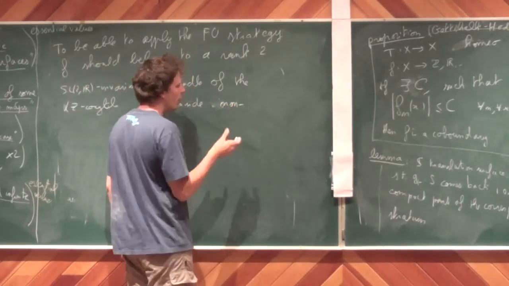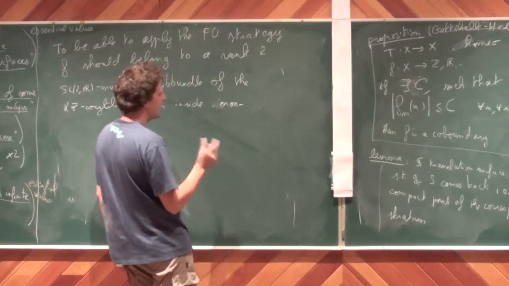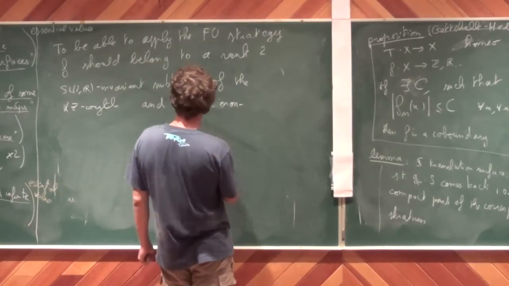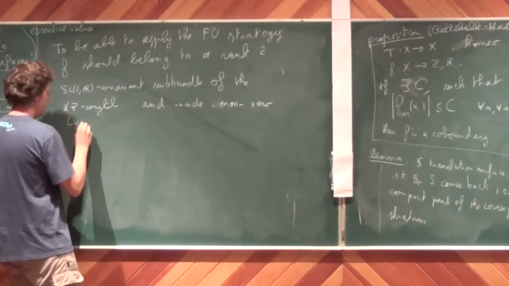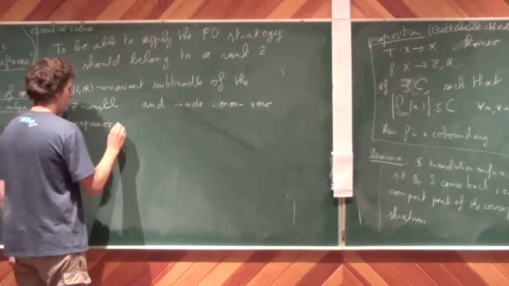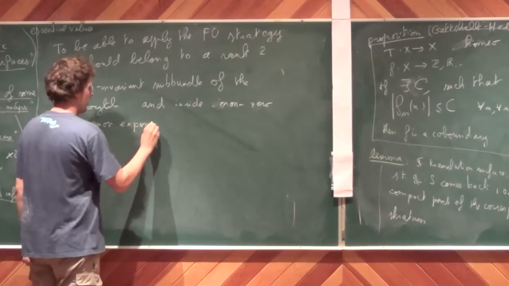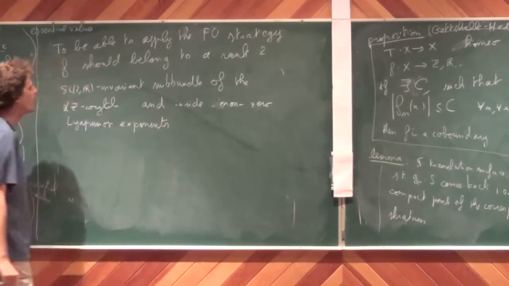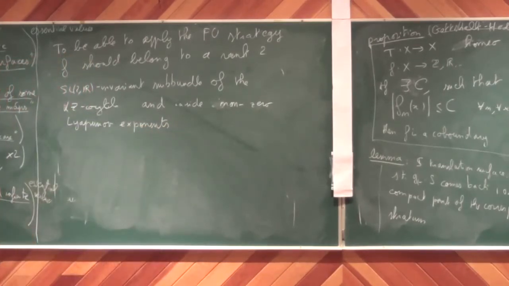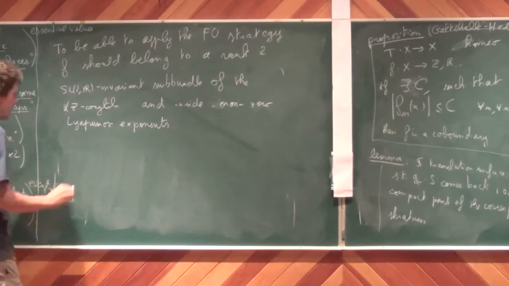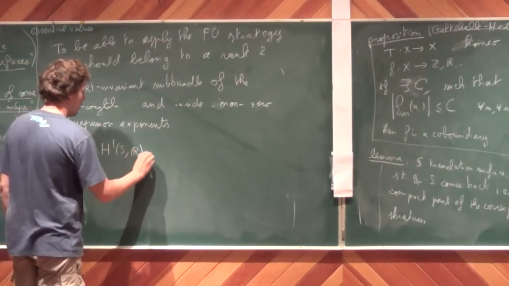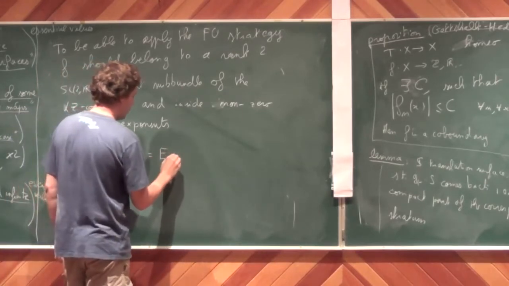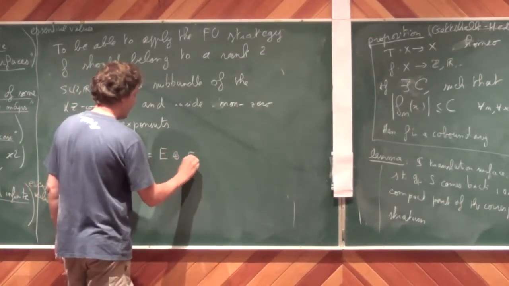And so asking that one of them is non-zero is the same as asking that both of them are non-zero. Non-zero Lyapunov exponents. And this is again, so what does it mean? It means that in your H1, you find something which is rank 2, let's call it E, plus something else.